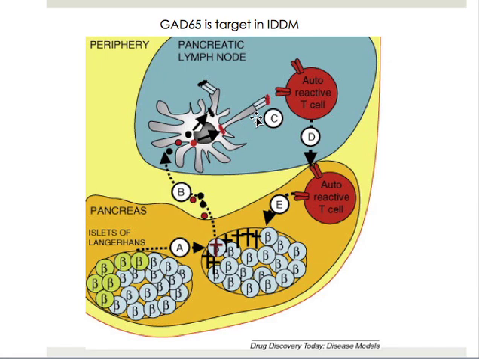When that happens, that attracts a T cell that's very aggressive, labeled here as an autoreactive T cell. These aggressive T cells will eventually migrate to the pancreas where they will then start attacking healthy B cells. And that's why GAD65 mediates this autoimmune reaction.